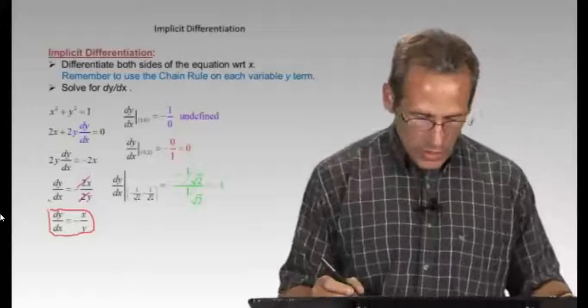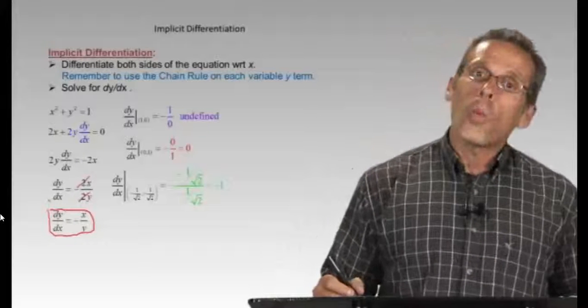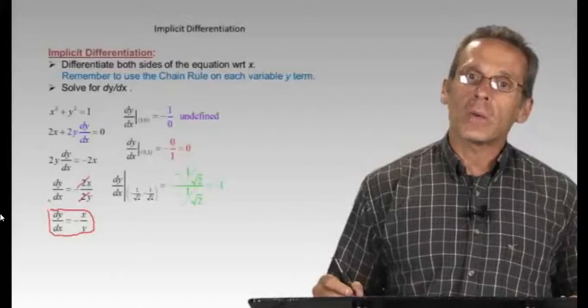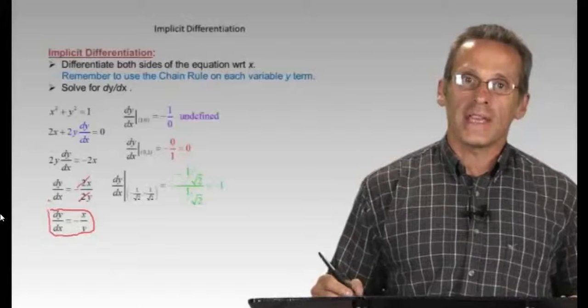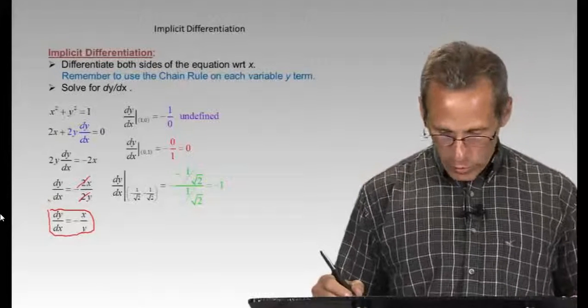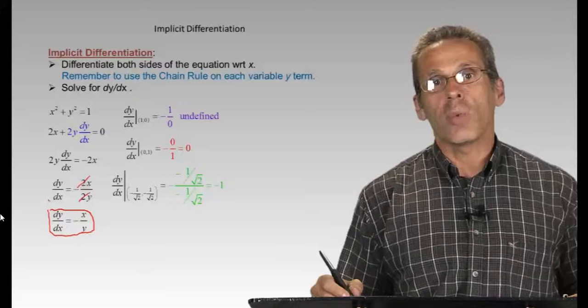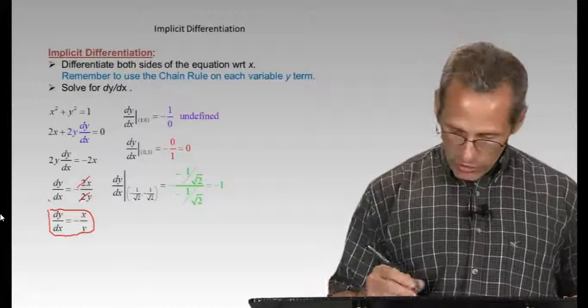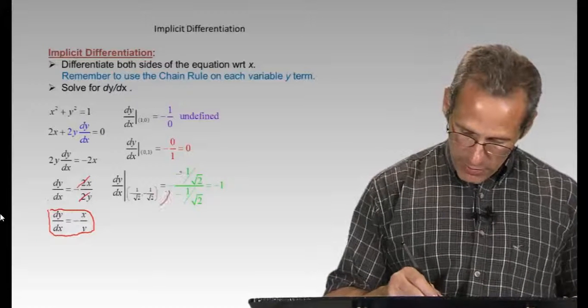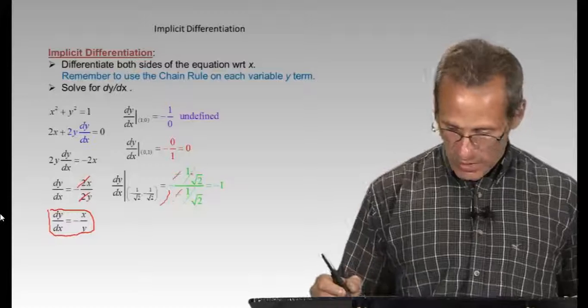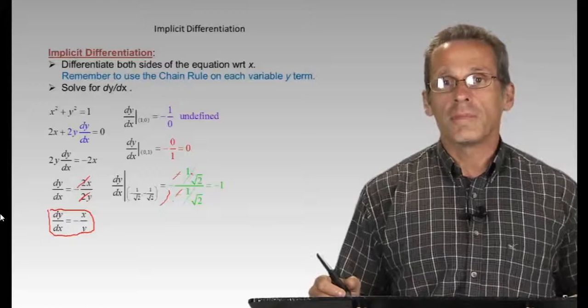And lastly, we'll take a look at finding the slope along the line y equals x. And we'll look at (negative 1 over the square root of 2, negative 1 over the square root of 2). Our slope is a negative, these two negatives would cross out, negative 1.